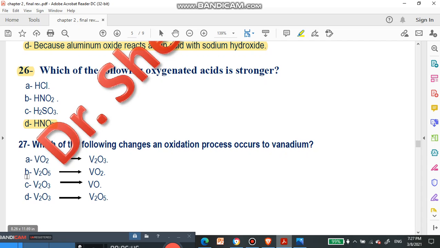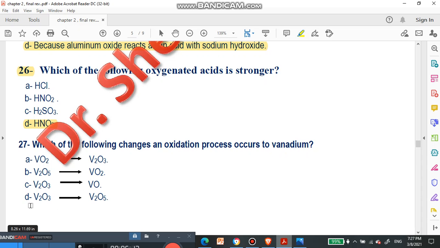Each one here shows a decrease in the number of oxygen atoms except two of them. If we compare here, we have VO2, and by increasing the oxygen connected to it, we have V2O3, vanadium trioxide.